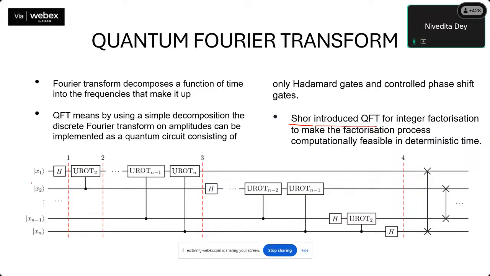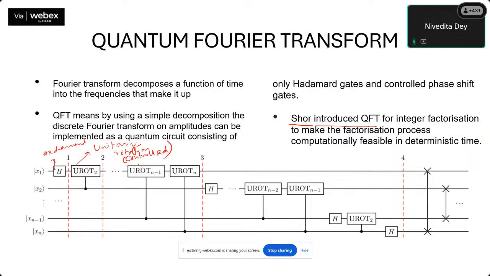Just remember one thing. These are all the n qubits. This is your Hadamard gate. Right now you should only be able to identify it. This is the unitary rotation, which is controlled.